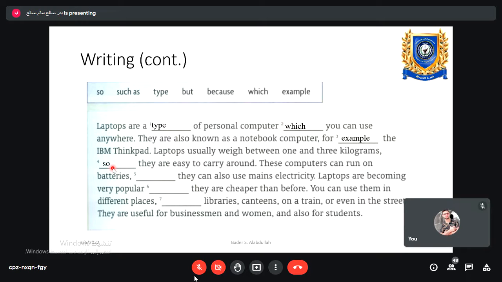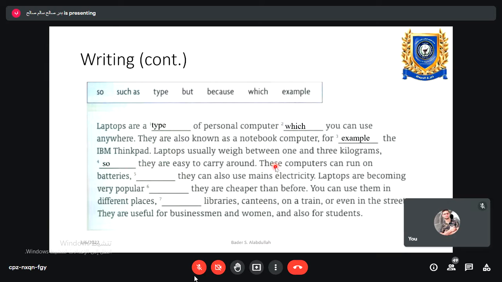Okay, so the cause here is that laptops weigh between 1 and 3 kilograms. Some laptops weigh more, other laptops weigh maybe even less than 1 kilogram. But this is the reason. The result is that they are easy to carry around. And hence, we used so here.